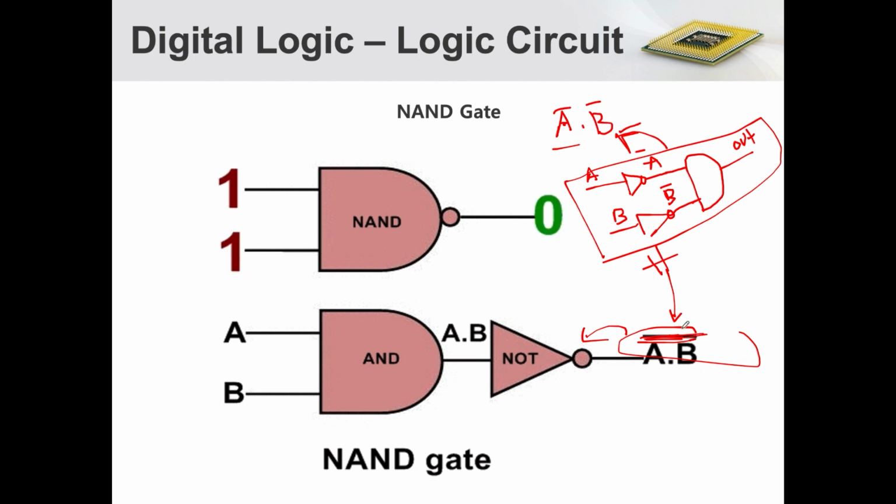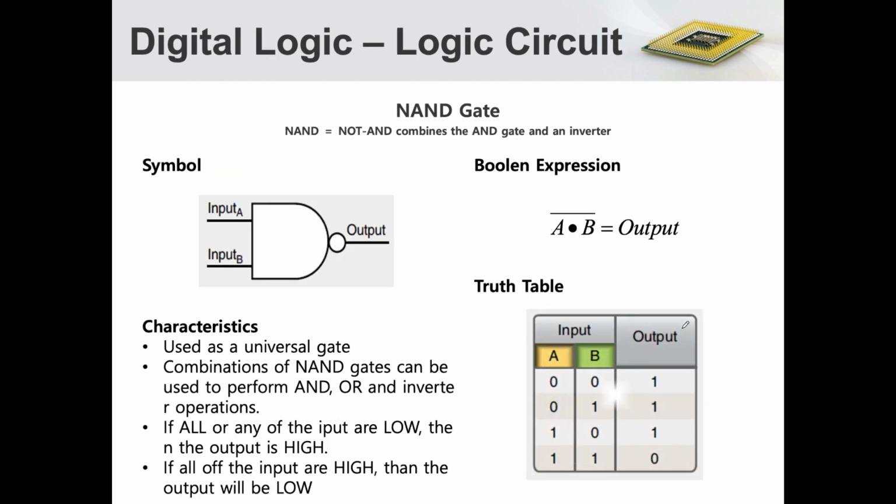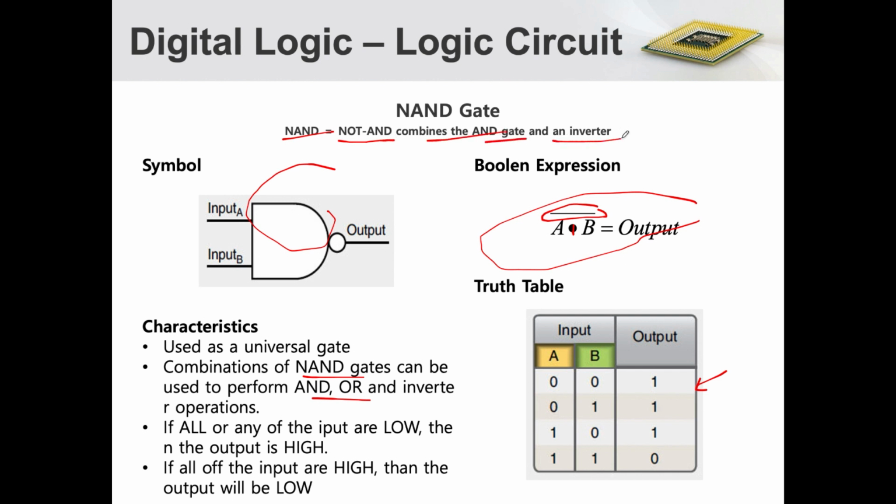So I have just given you examples of the NAND gate, and you can see the truth tables, the symbols and the expressions, as I also mentioned. Please be careful with this and this. About the characteristic, you can just read it, because it is just the inverse of the AND gate. NAND is NOT AND, a combination of AND and the inverse.